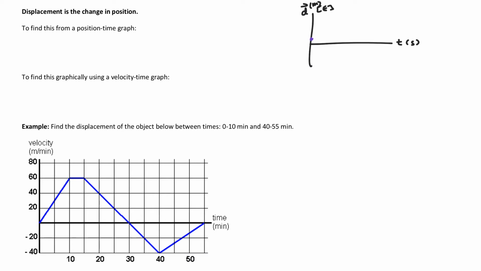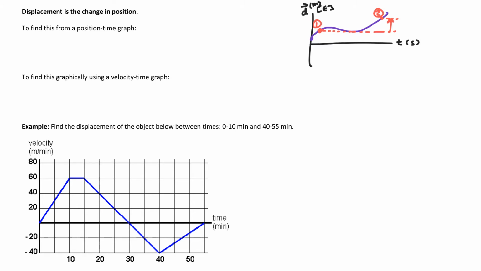And if I had a graph, and if I wanted to find the displacement from one point to the other, let's say from 1 to 2, all I'm going to do is find the vertical distance between them, because this is the displacement. This location here is the position at time 1 or event 1, and at time 2, where I'm interested, the position is here, and the displacement is the change in position.